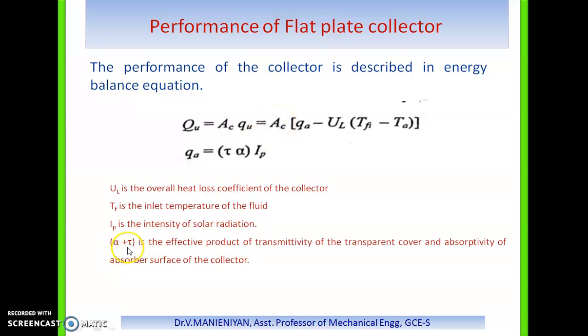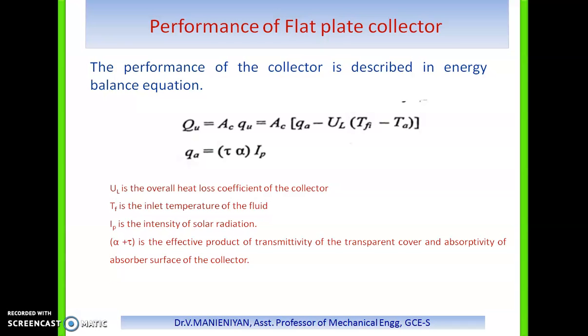And now QA is rewritten as QA equals tau alpha Ip, where Ip is the intensity of solar radiation, and tau alpha is the product of the transmissivity of the transparent cover and the absorptivity of the absorber surface of the collector.